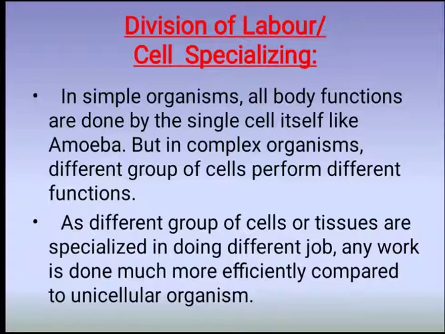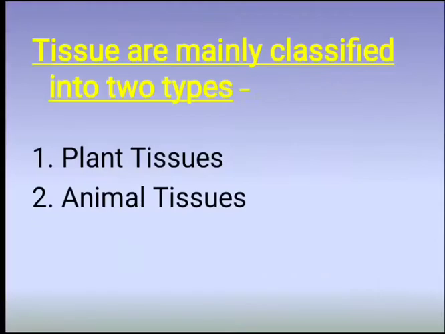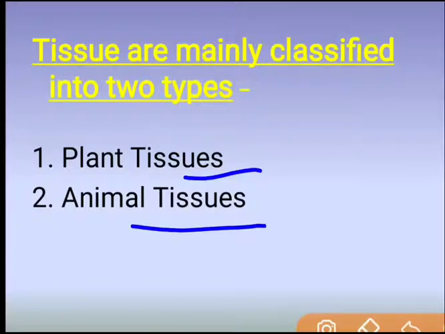In a multicellular organism there is division of labor and cell specialization, meaning every function is performed by a specific organ. Fine. So tissues are mainly classified into two types: the tissues present in plants are known as plant tissues, and the tissues found in animals are known as animal tissues.